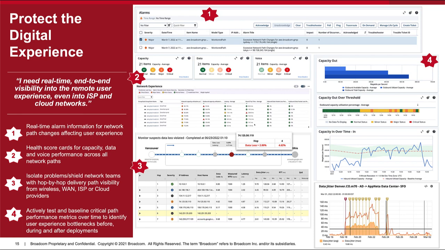And then, of course, capacity, jitter, voice, data loss are always important metrics to surface to reinforce that we do understand that this is the culprit device, taking this information back to ISPs so they can fix it immediately.